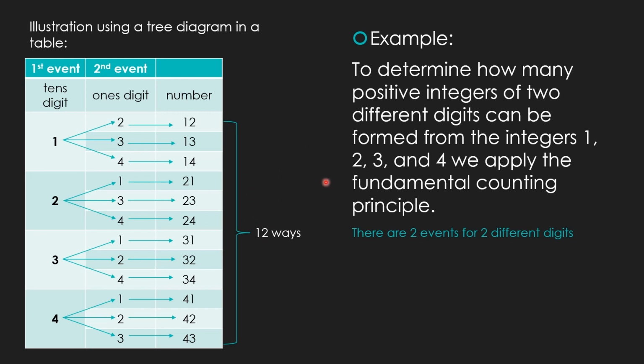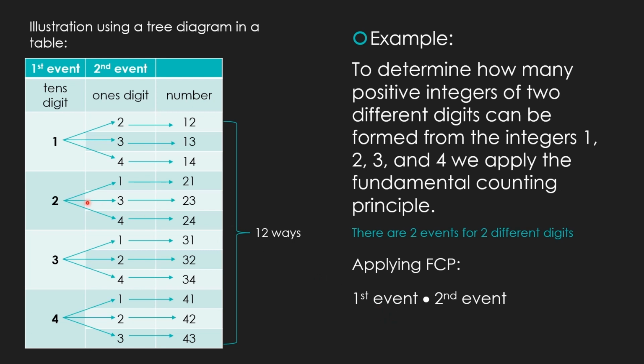Now, that's the illustration using a tree diagram. If we apply the fundamental counting principle and multiply, again, there are 2 events. The first event is the selection of the tens digit, and the second event is the selection of the ones digit.